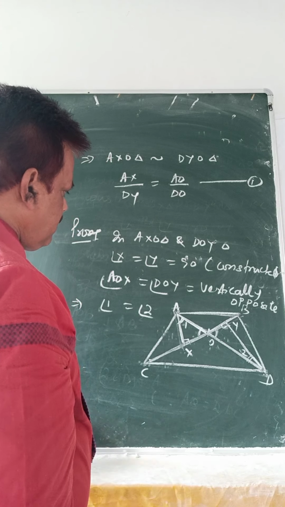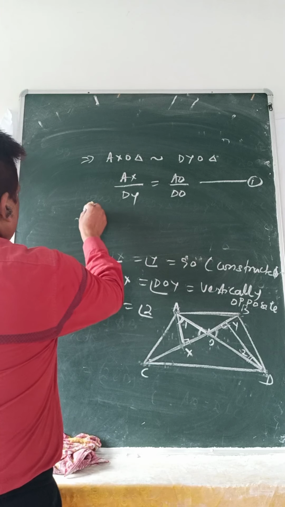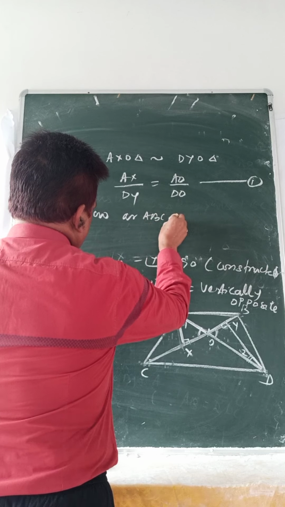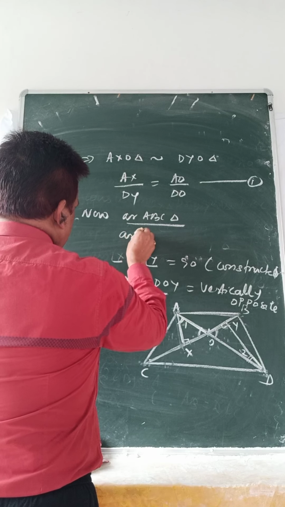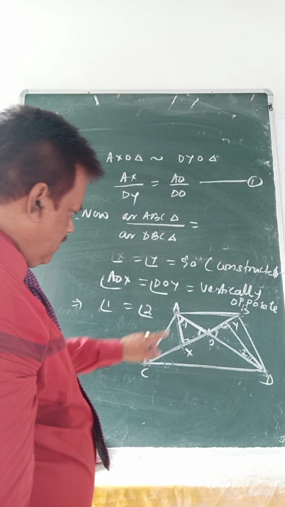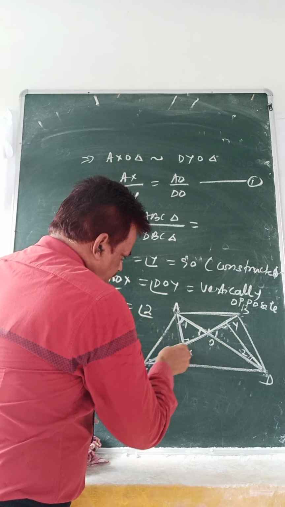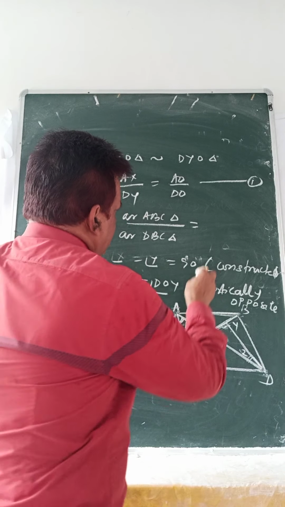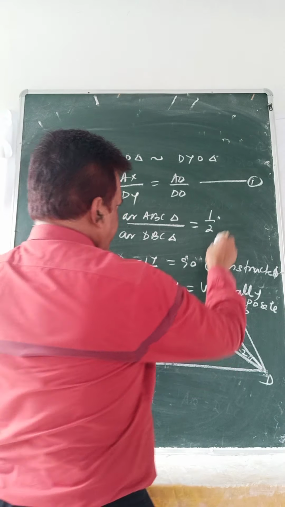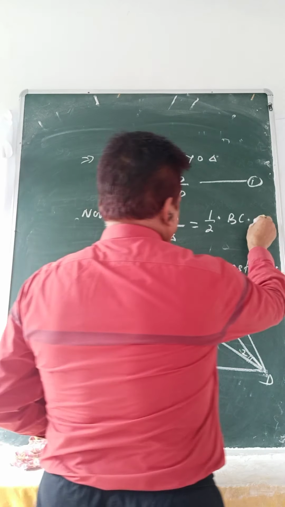Then what you have to do? Area of triangle ABC by area of triangle DBC. In triangle ABC, this is your base, this is your height. Half base into height: half base is BC, height is AX.